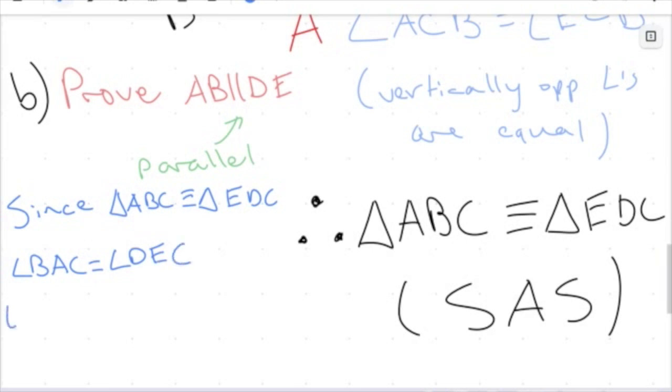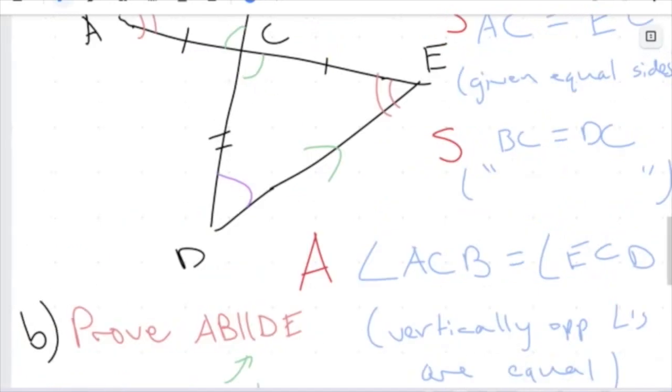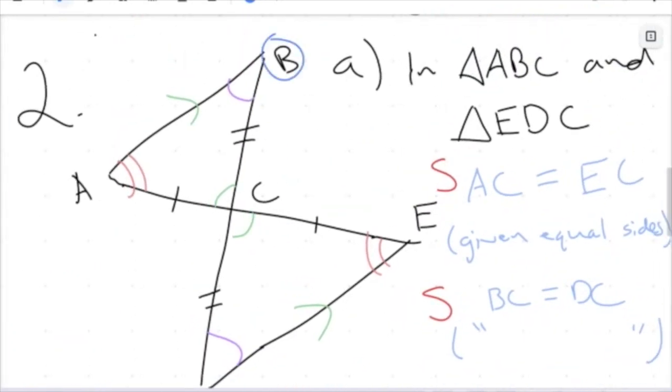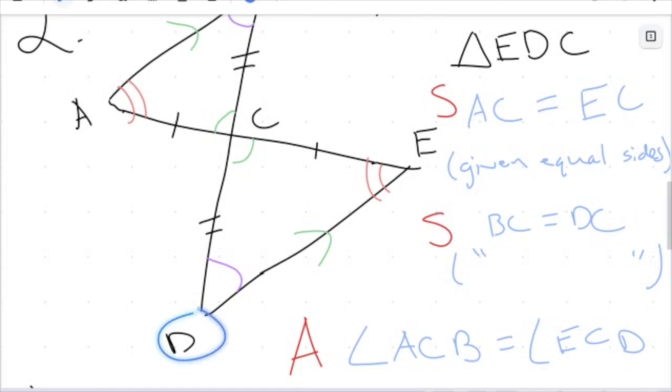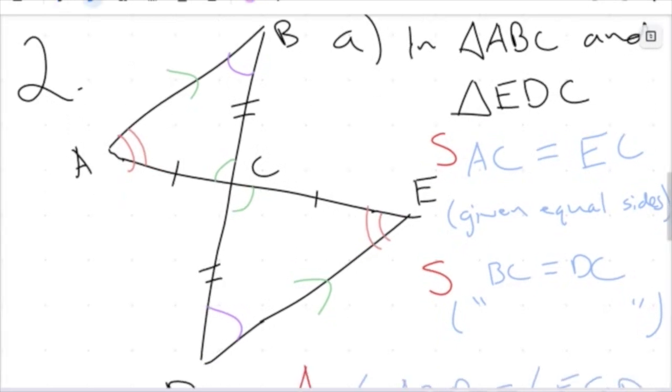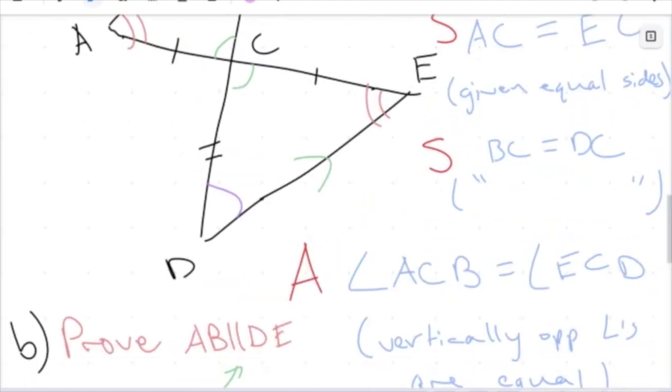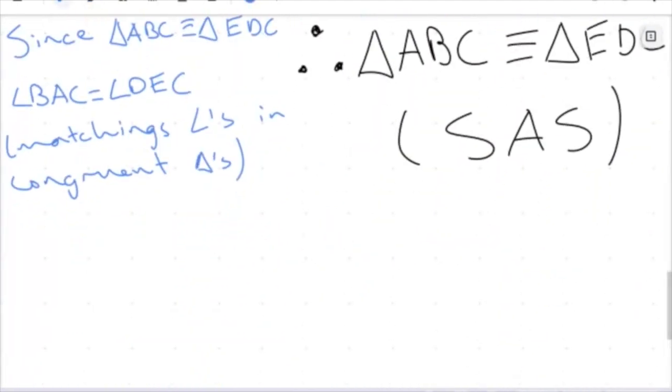And we can write these are matching angles in congruent triangles. And we can say the same about angle ABC and angle EDC. But we only need one pair of matching things to say that, well, because these are equal, therefore, AB is parallel to DE.